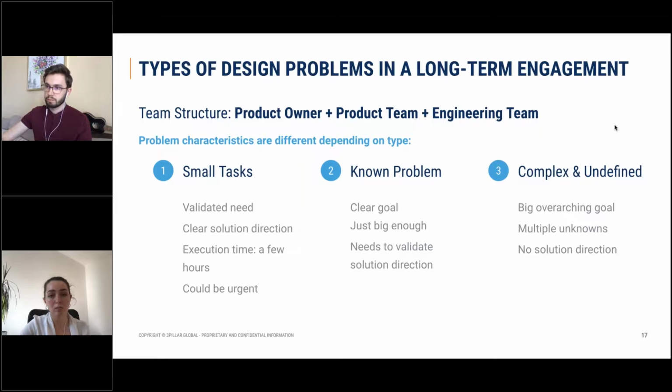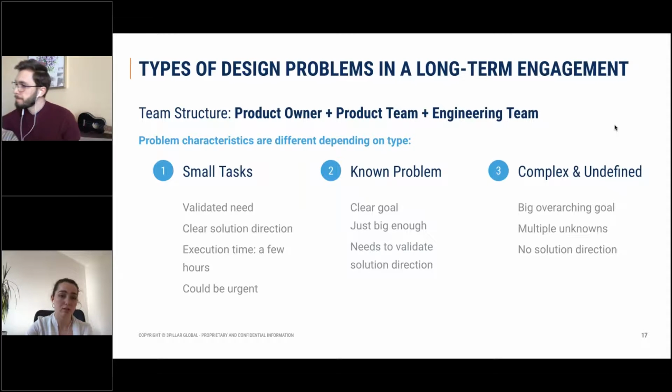There are multiple types of problems that we need to design a solution for in a long-term engagement. Here at 3Pillar, the team structure usually is composed of a product owner from the client side, one or multiple. We have a product team and we have an engineering team.